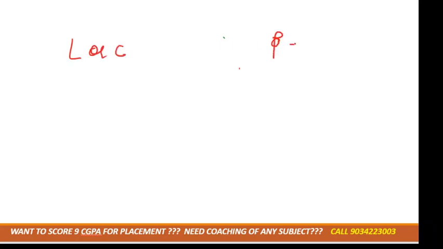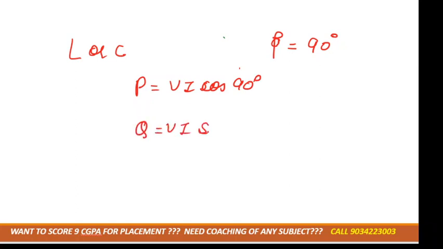Here the phi angle is how much? 90 degrees. So P is equal to how much? VI cos 90 degrees, and Q is equal to how much? VI sin 90 degrees. Correct? So in this case cos 90 is 0. So P is equal to 0 and sin 90 is 1.